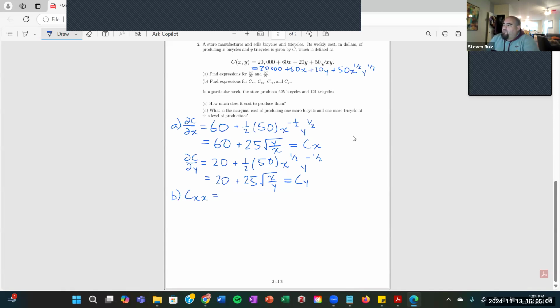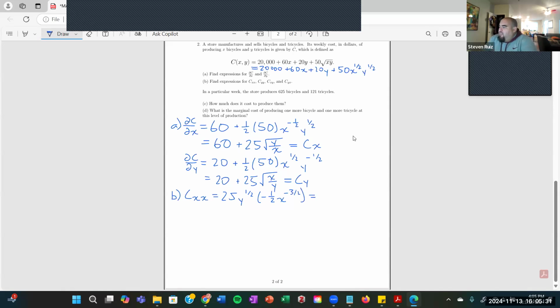The derivative of 60 with respect to x is 0. And this other term, I can use the power rule again. All the constant stuff I can kind of just take off to the side. So 25 y to the 1/2 times negative 1/2 x to the negative 3/2.